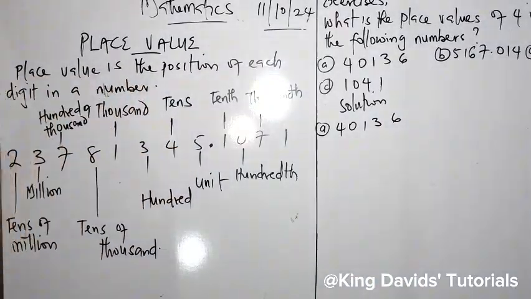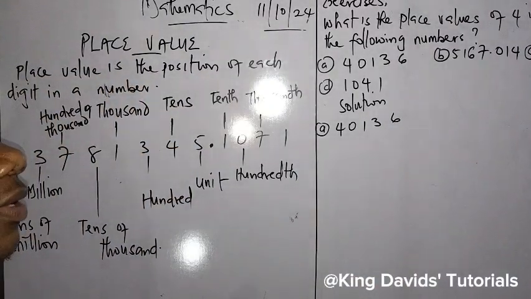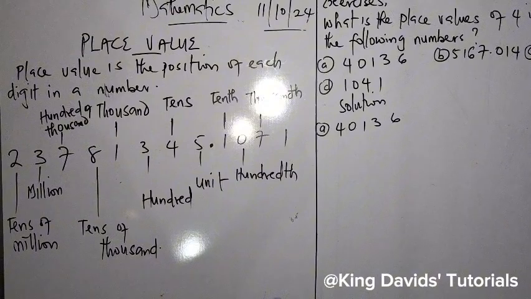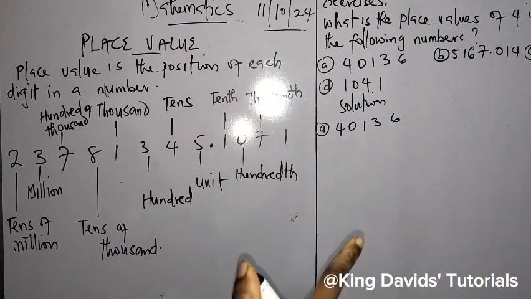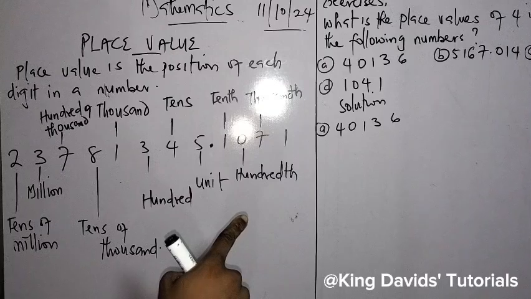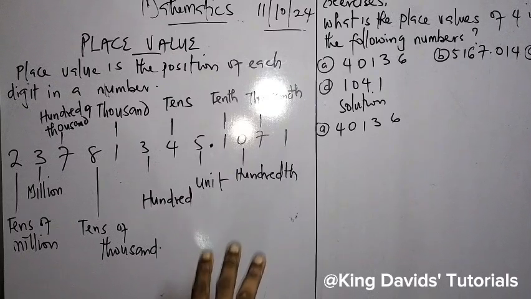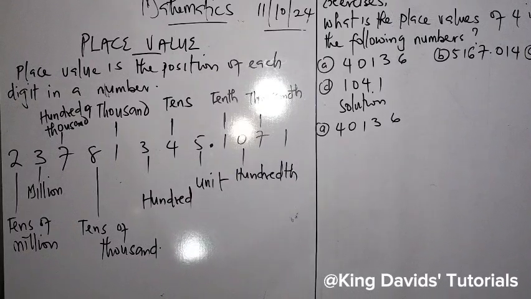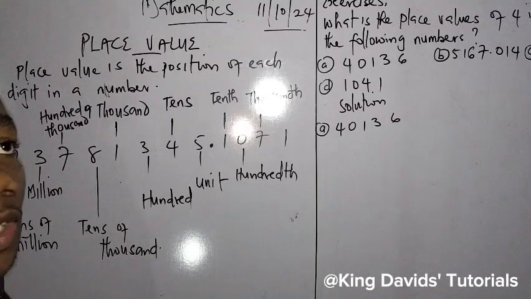The first thing we will do is to indicate the place values of all of them starting from the 6. Now this is a whole number. A whole number implying that we have no decimals. So in every whole number, the decimal point is assumed to be after the last digit.